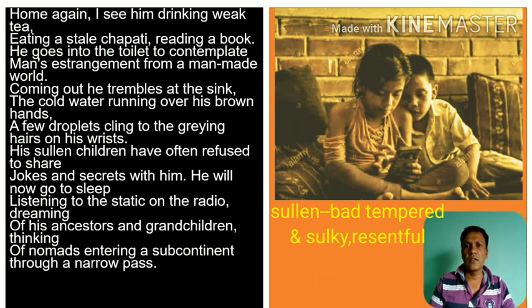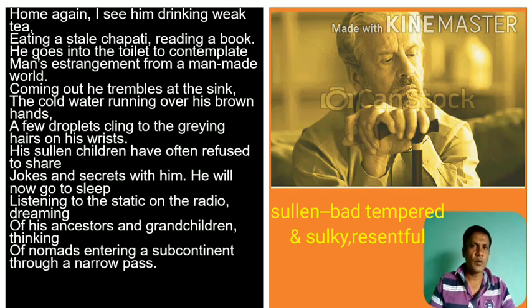His sullen children have often refused to share jokes and secrets with him. Now the poet goes on to talk about the old man's relationship to his family members. Sullen means bad-tempered. His bad-tempered children refuse to share jokes and secrets with him. They do not share their private things. They do not share their happy moments with their own father.